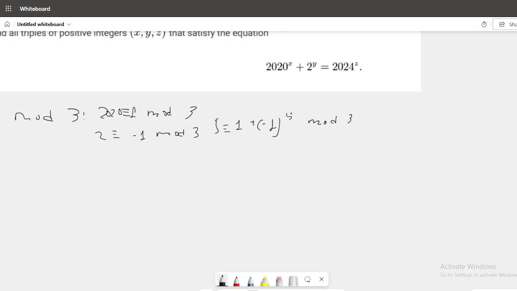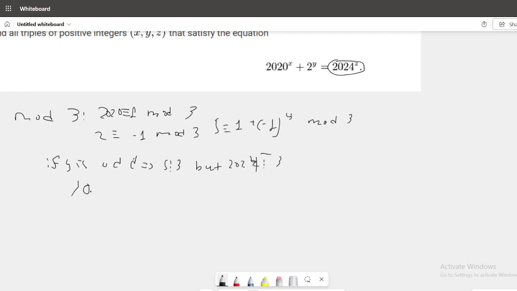Now we realize y has to be even. It cannot be odd, because if y is odd, S is divisible by 3, but 2024 is not divisible by 3. And it's a clear contradiction.